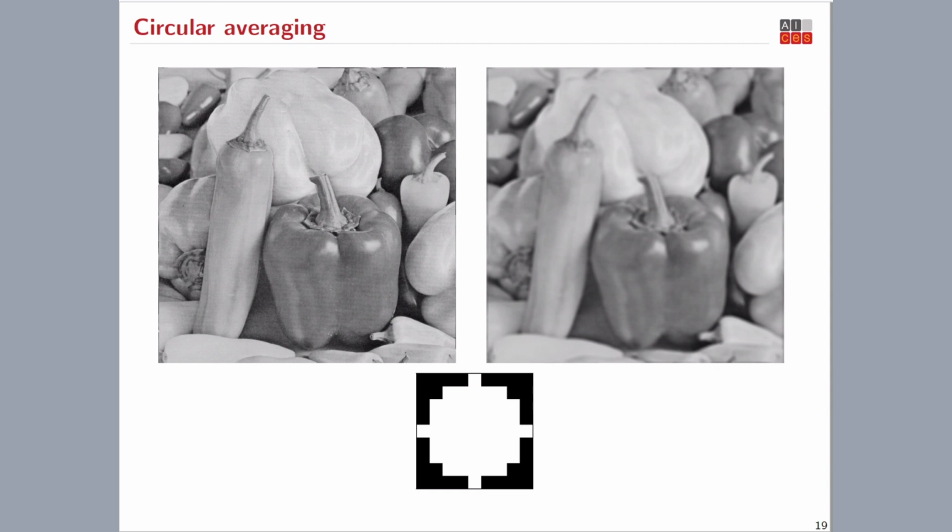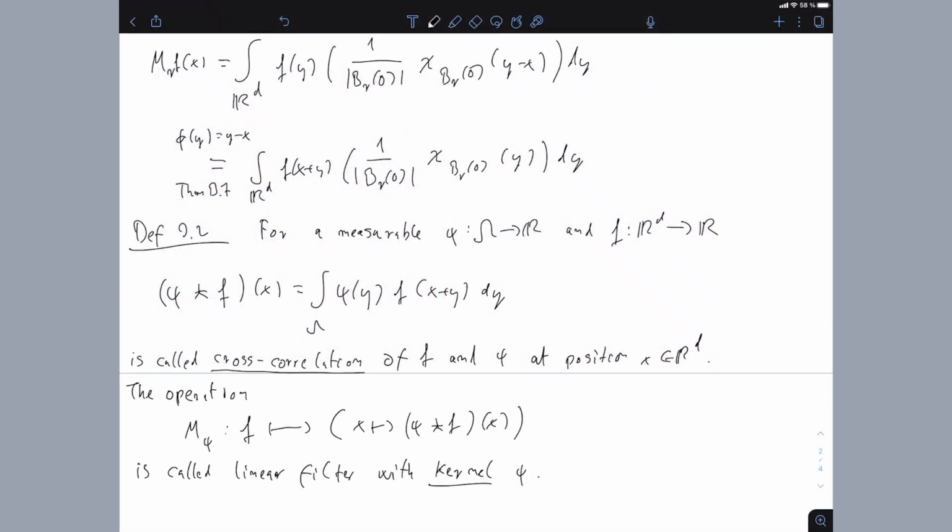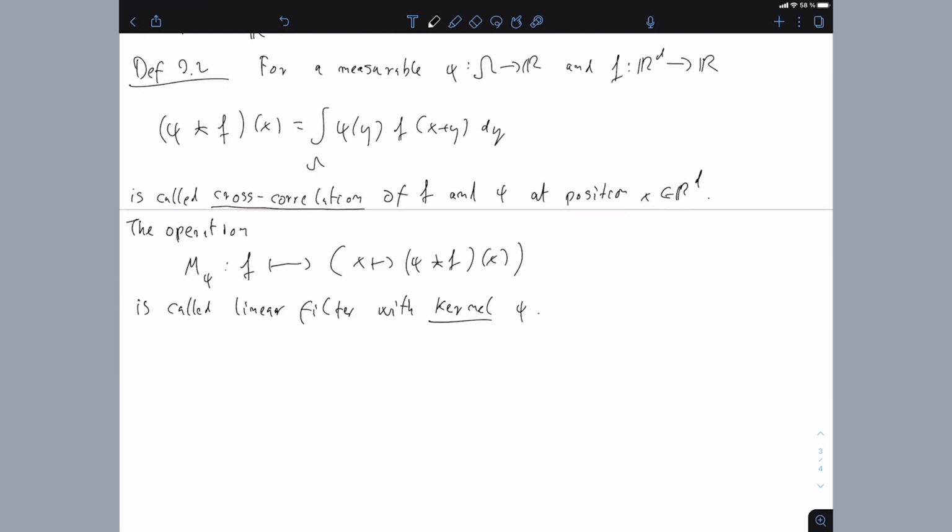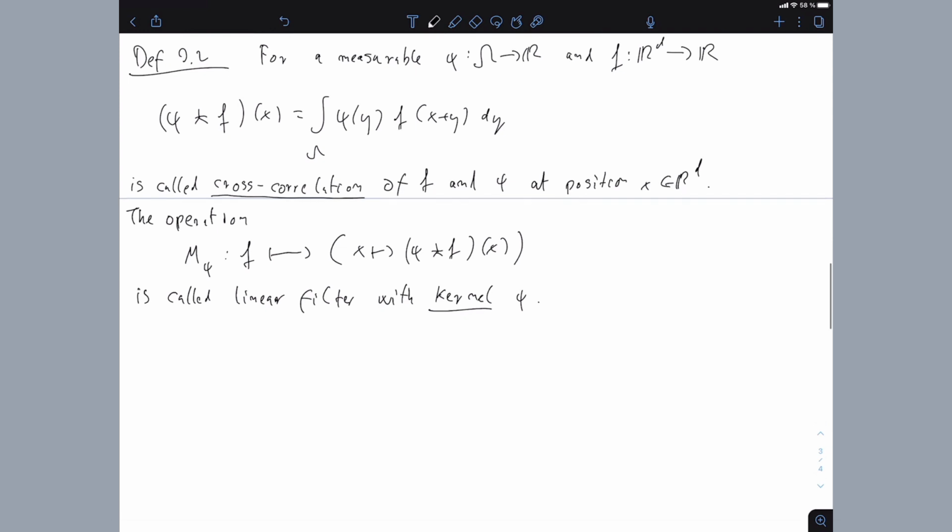That is unavoidable. So that is a drawback of linear filters. And we will actually prove that linear filters always have this behavior. So they are nice and simple, and they have a lot of uses, but denoising is probably not the best use case for these filters, unless you have something very simple.